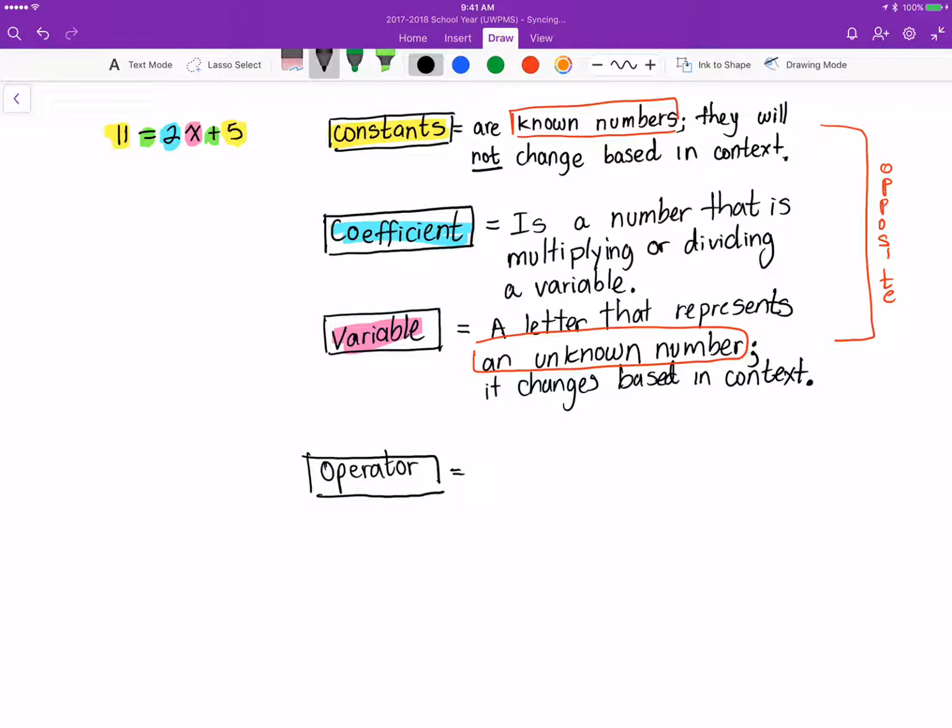To use non-linguistic representation, it can be addition, it can be subtraction, it can be multiplication, it can be division.